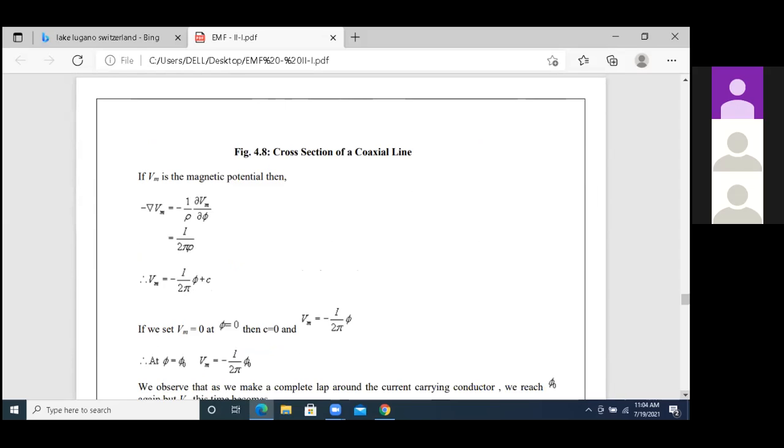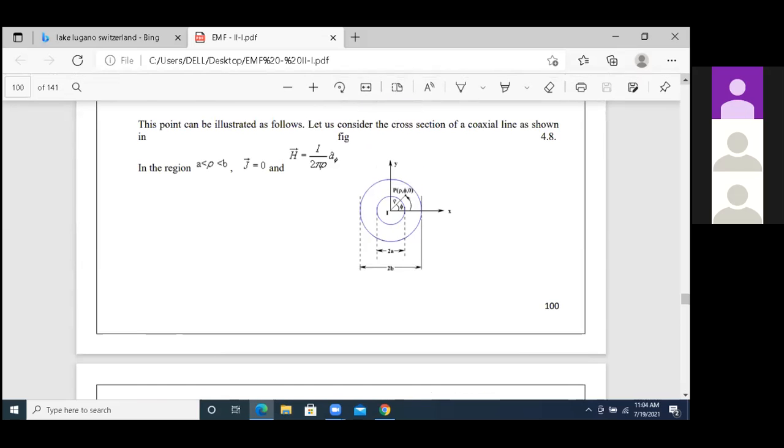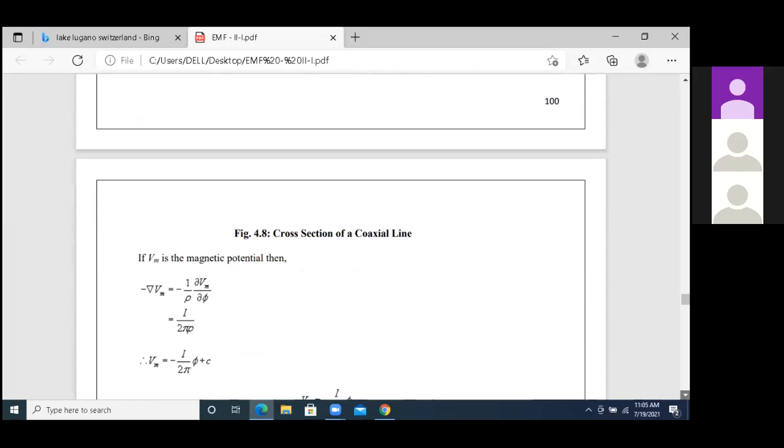So H equals minus del Vm. H is this, is equal to minus del Vm.